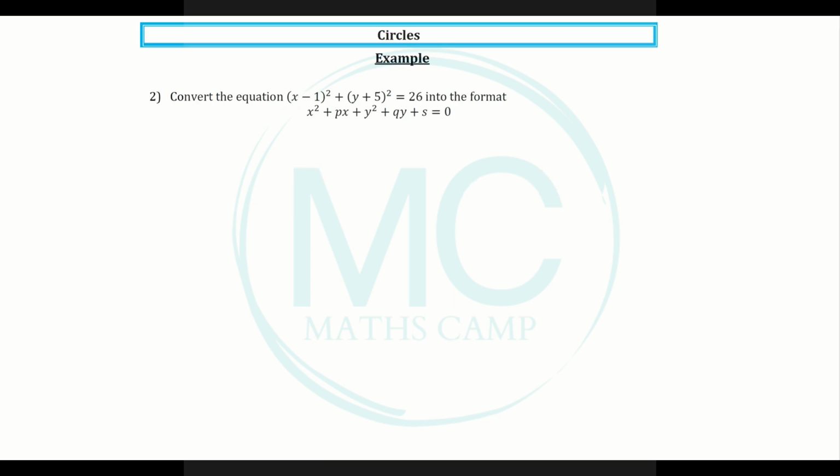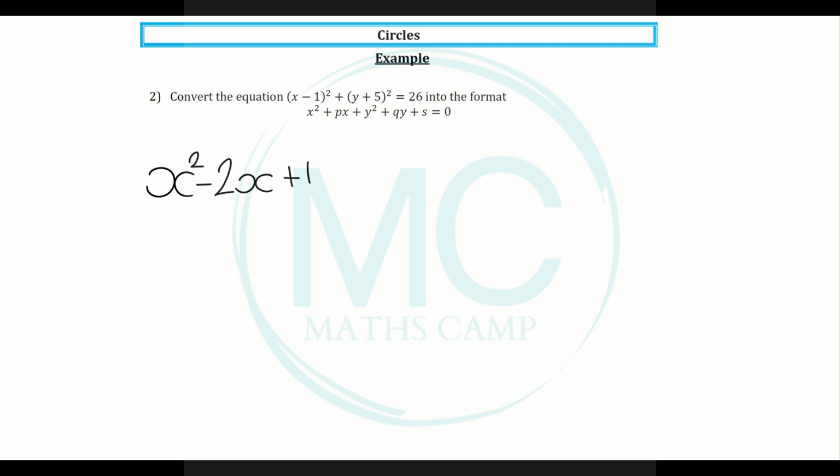Let's do another one. Convert the equation into the format x squared plus px plus y squared plus qy plus s is equal to 0. All we need to do here is expand the brackets. So for our first bracket, we're going to get x squared minus 2x plus 1.